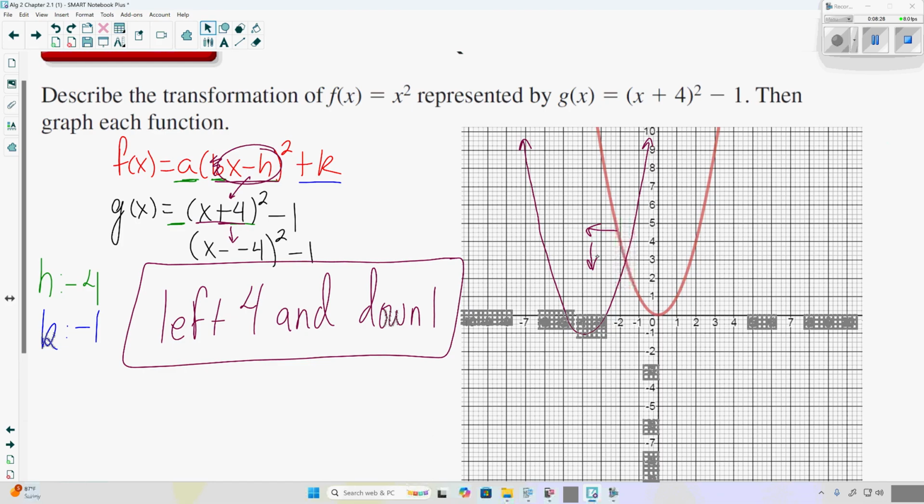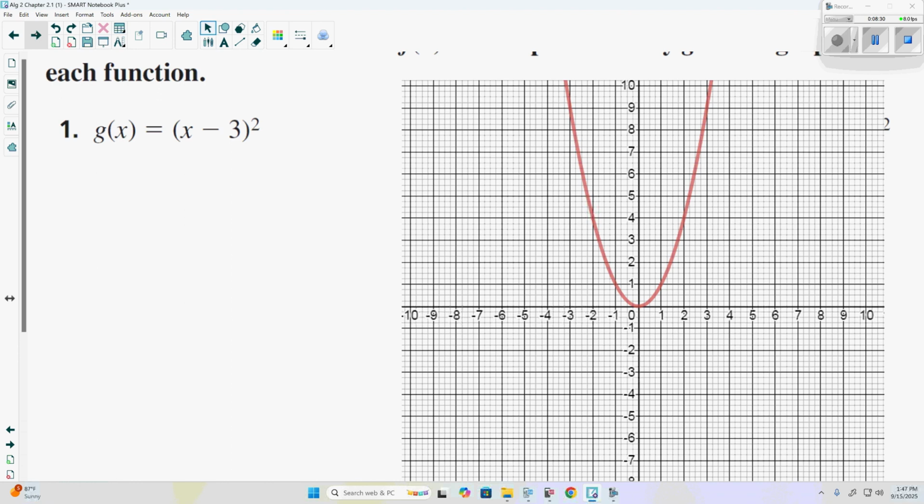Let's look at this next one here. So g of x equals x minus 3 squared, and that's it.